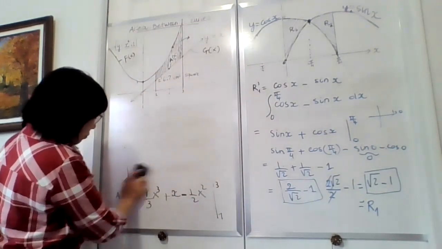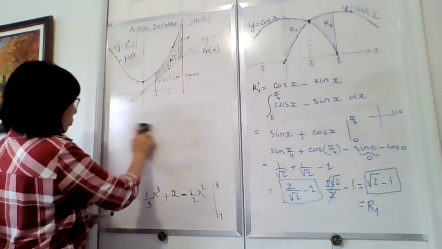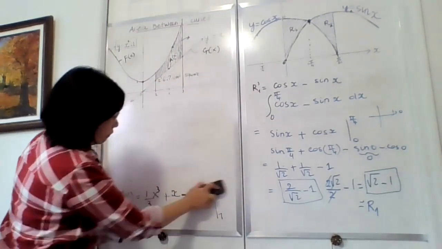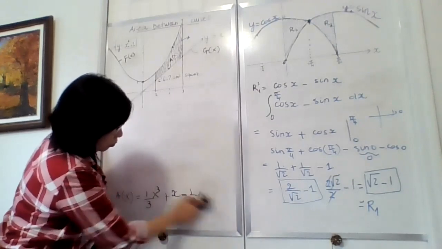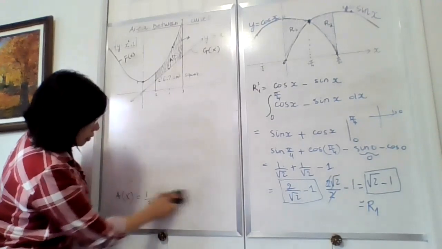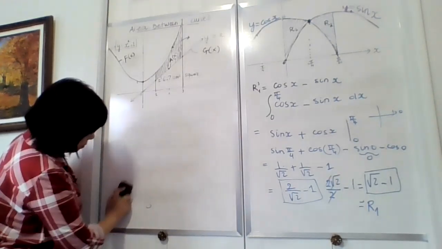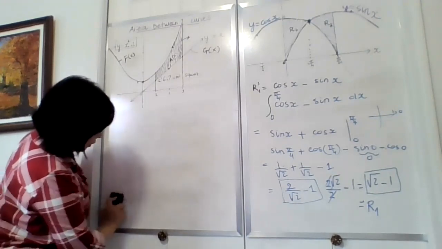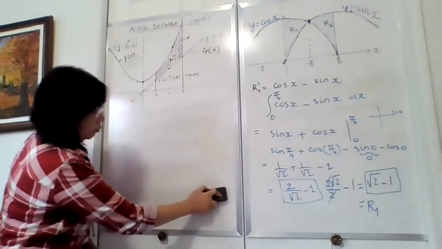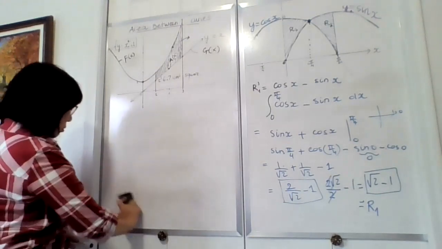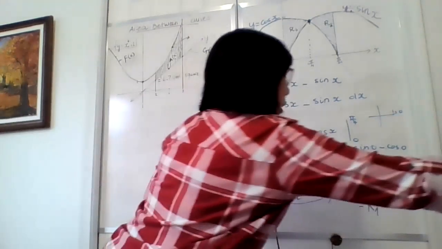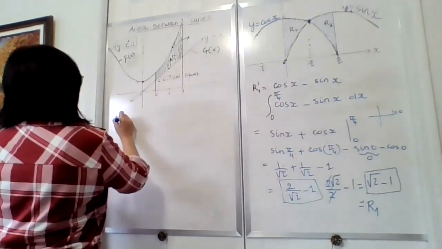And again, how do we find the region R2? We're going to make an observation of which function is above and which function is below. So I'm going to find R2 now.